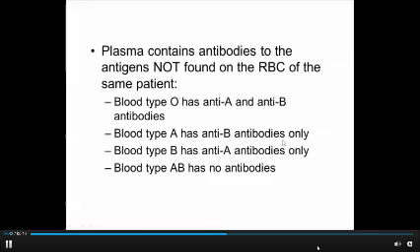You will not develop anti-A antibodies because that particular antigen will be viewed as self. If you have blood type B, anti-A antibodies will be developed, but no anti-B antibodies. Blood type AB will not develop any antibodies of that particular type.